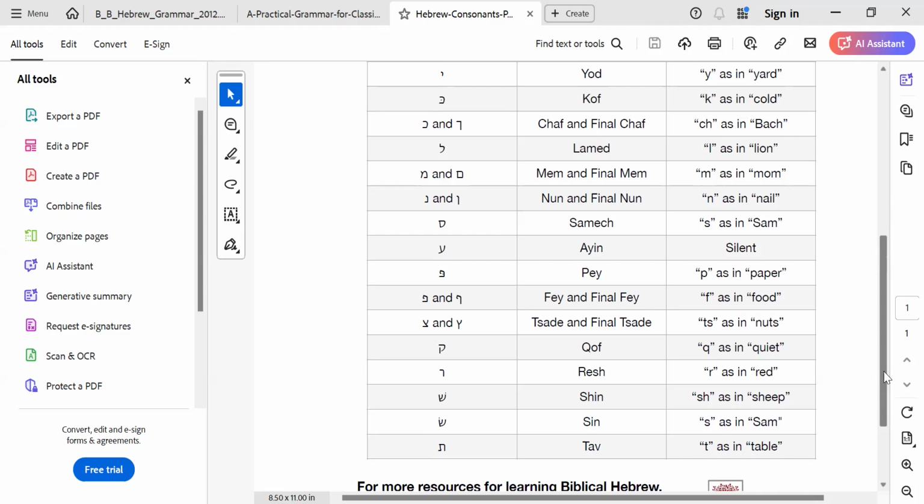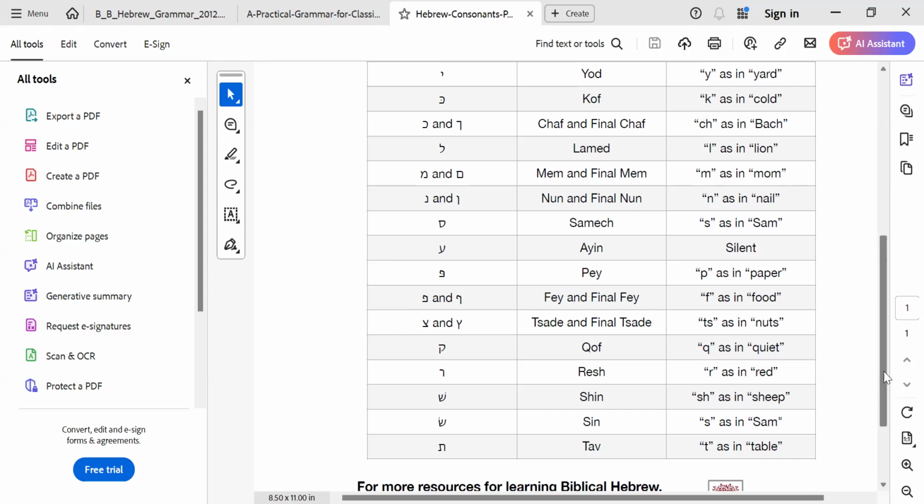Okay, we're almost there. Then you have Sin. We have Sin. Shin. Shin. Right. Shin. And then the next one is Sin. The same letter, but when the dot is on the right hand, it is Shin. This is the first letter in the word Shalom. Okay, that's a common one, isn't it? Shalom.